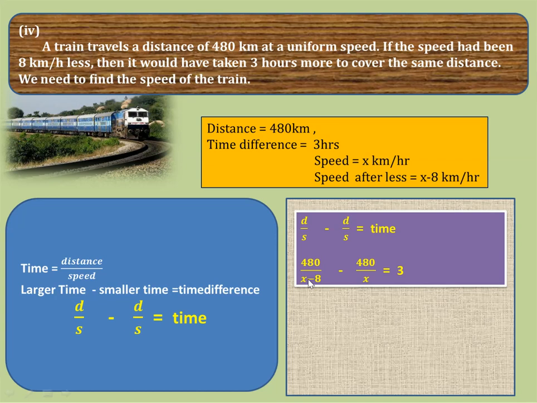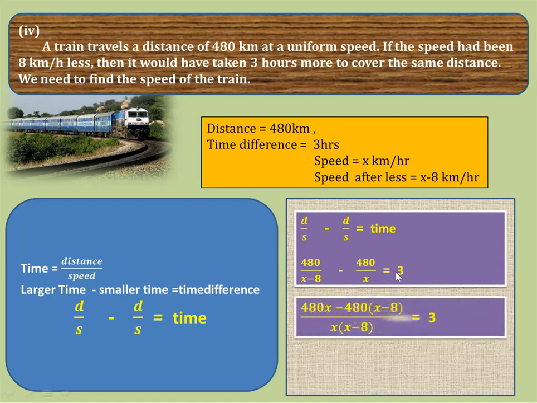You should remember, if the denominator is smaller, then the fraction is larger. Here also, see here, x minus 8 is smaller than x. Yes or no? So this fraction is larger than this one. So you must write this one first and this one next, is equal to time, 3 hours.